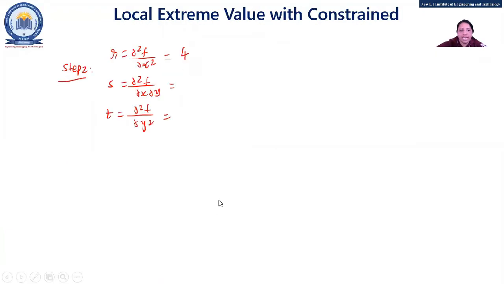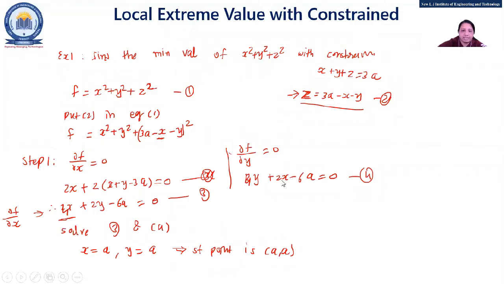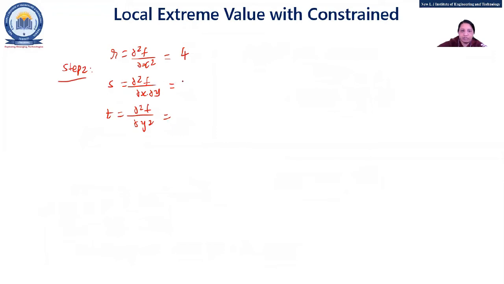Same way for S, del 2f by del x del y: differentiating this with respect to x, you get only this term, which is 2. So S equals 2, and T equals 4. So I have the R, S, T values.